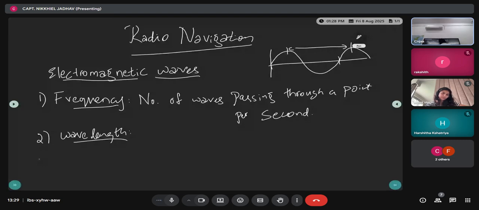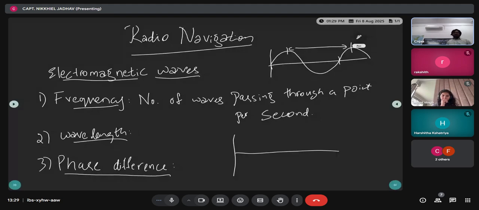Like if there are two waves of the same frequency, any difference between them is called the phase difference. Okay, these are just basic ideas.